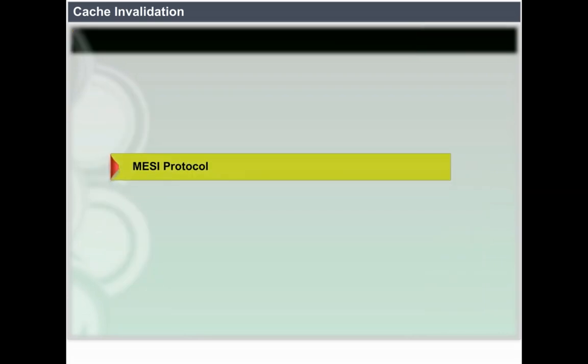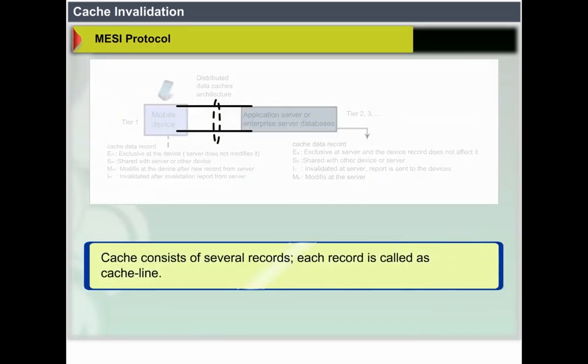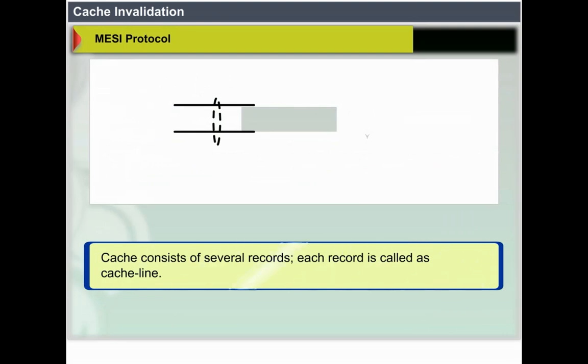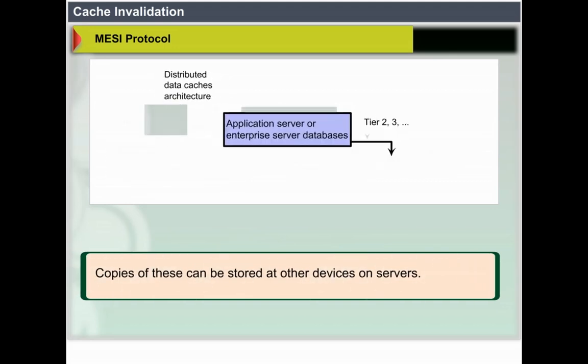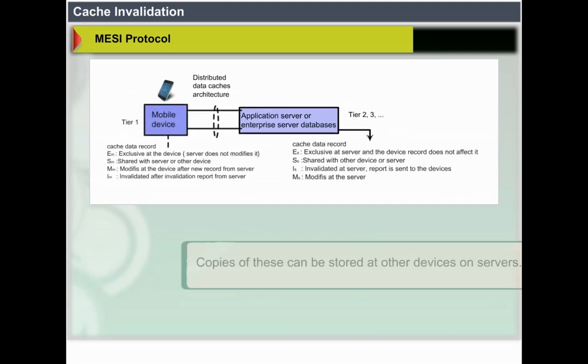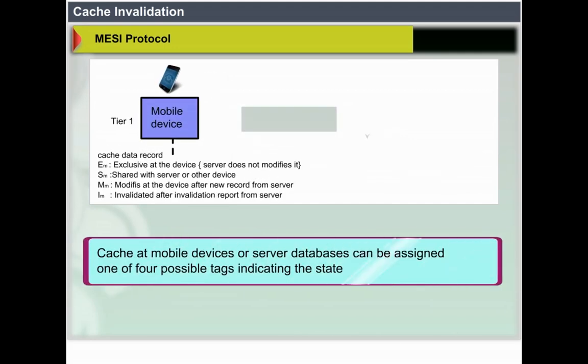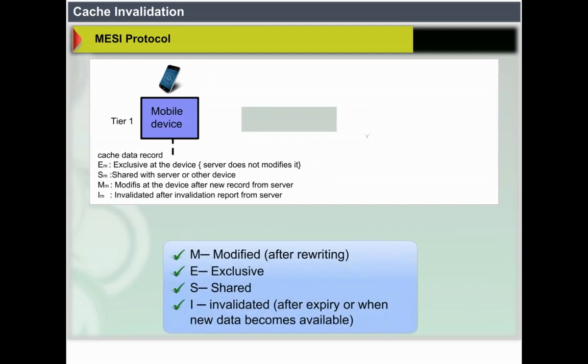MESI protocol. Cache consists of several records. Each record is called a cache line. Copies of these can be stored at other devices on servers. Cache at mobile devices or server databases can be assigned one of four possible tags indicating the state. M: Modified after rewriting. E: Exclusive.